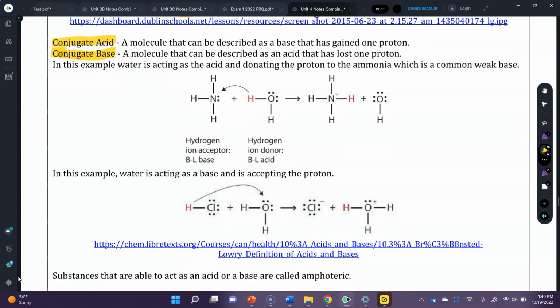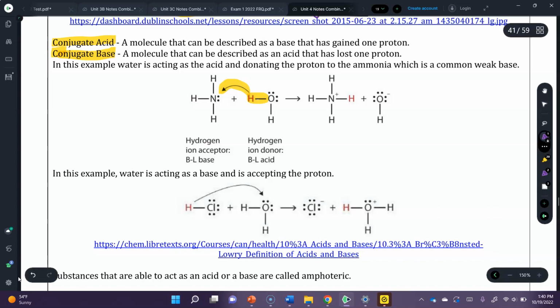In this example here, water is acting as the acid, so different from prior, where it is going to give up the proton, so donate the proton to the ammonia, which is a common weak base. Because it's a base, it will accept that proton.